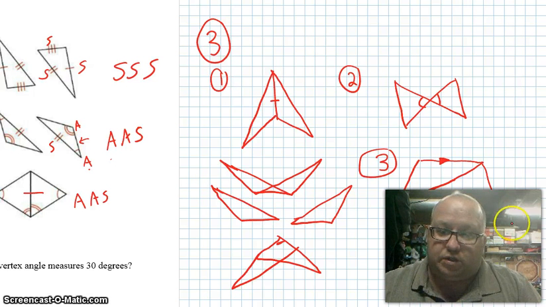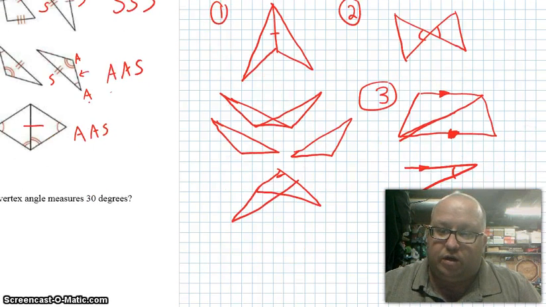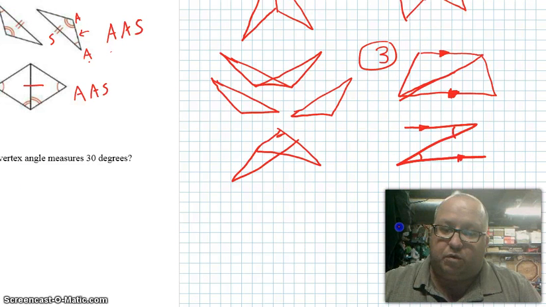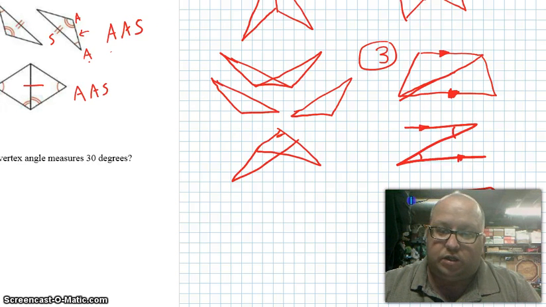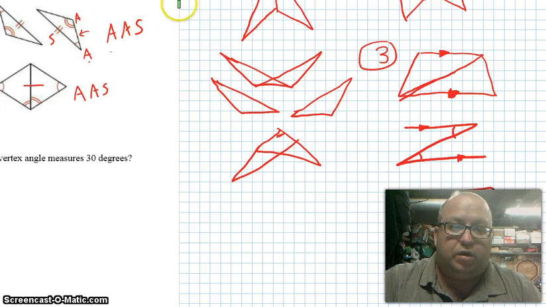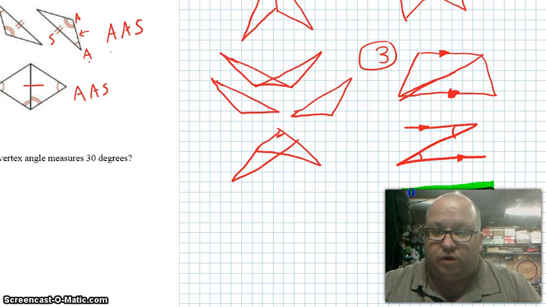Now that's not the only Z you can pull out of there. Sometimes you've got multiple sets of parallel sides. You could have this Z going this way like this. But you've got to be aware, sometimes you've got a Z going this way instead.